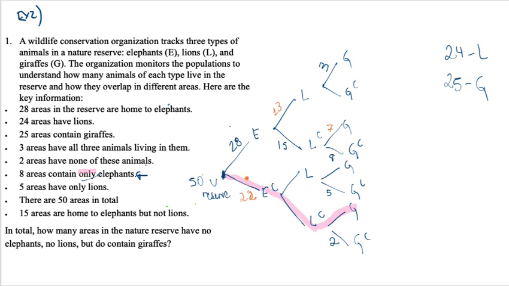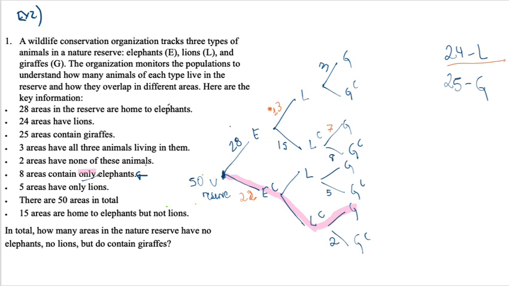Okay, I used one of my rules for trees. Now, what else can I do? Well, think about this. Let's use the other information that is missing. I have 24 lions. So everything that goes into lion, the branches that go into lion, has to sum up to 24.